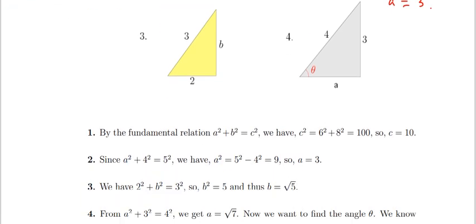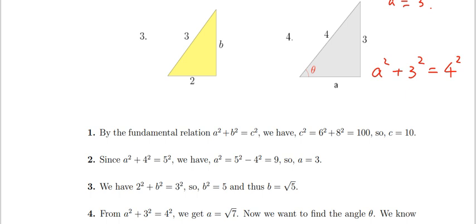So for problem 4, we know this side is 3. We know this hypotenuse is 4. We want to find side A and this angle theta. We need to find 2 of them. So finding this A, I think it's easy, right? We just use A squared plus B squared equals C squared. So what is A?